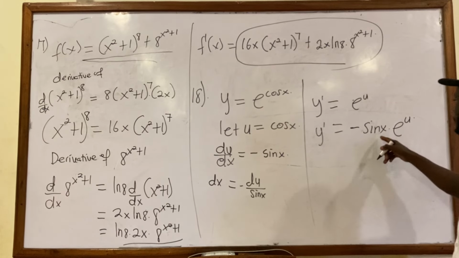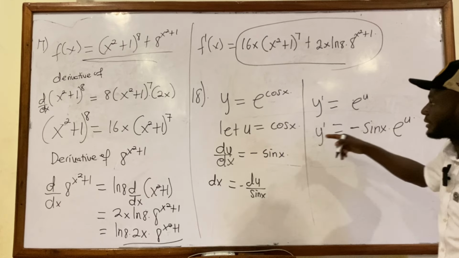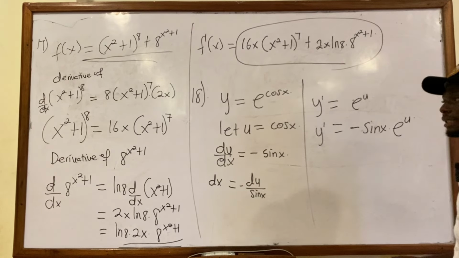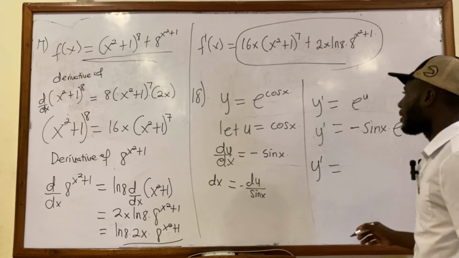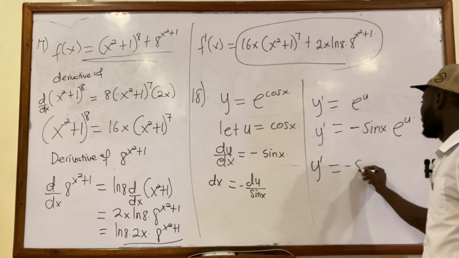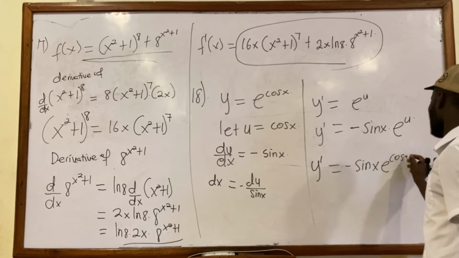So we just bring it there, and then we write the function again: negative sin x times e to the power u. But earlier on we said that u is equal to cos x. So we have the first derivative of e to the power cos x as negative sin x times e to the power cos x.